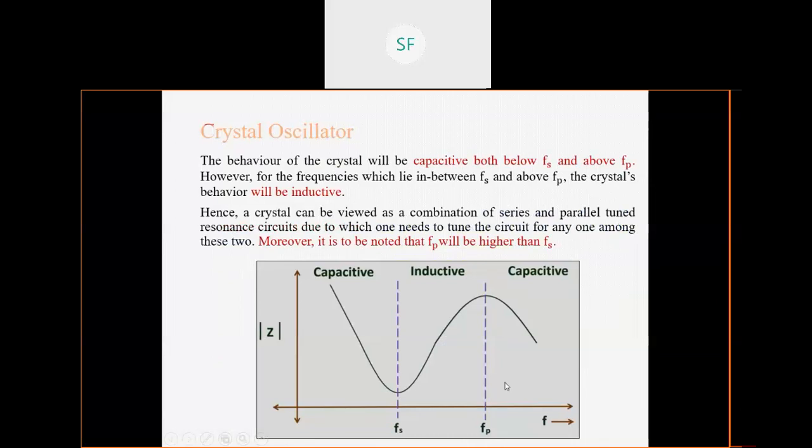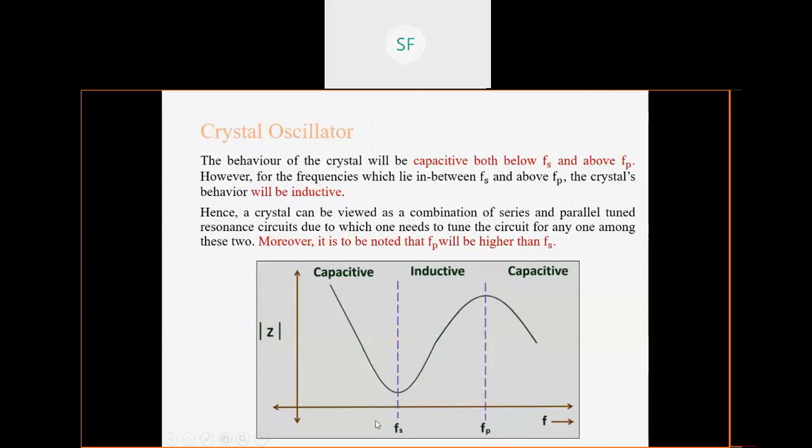You can observe there are two resonant frequencies. This is the series resonant frequency. At this frequency you can observe the value of Z is minimum. And this is the parallel resonant frequency. At this particular frequency, the value of Z is maximum.